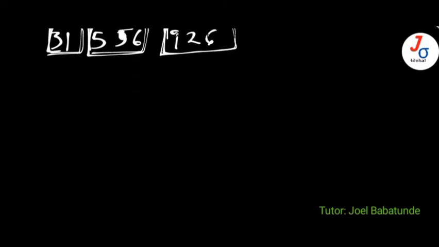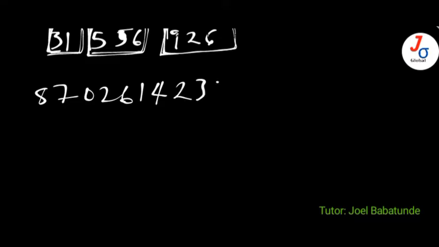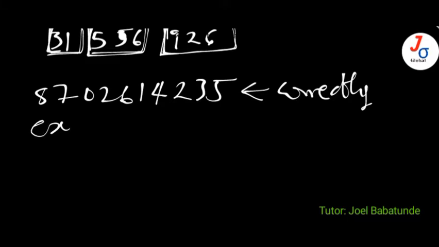Let's take our first example. So we're to write 8702614235. We're asked to write it correctly and then express it in words. So first, how do you write this number correctly?